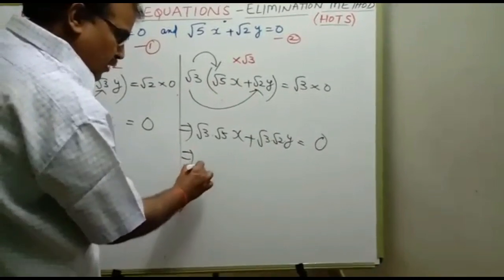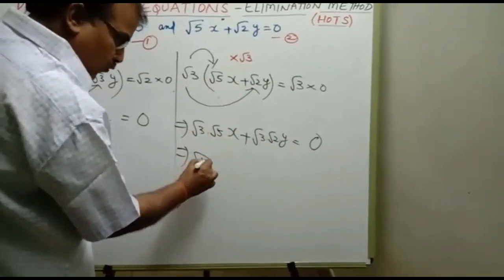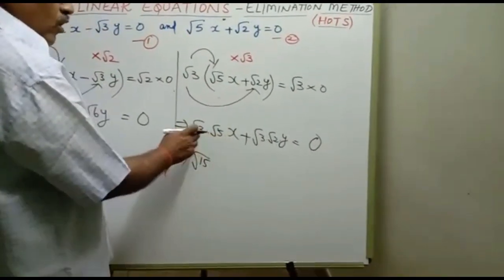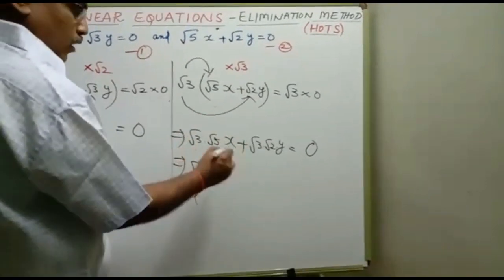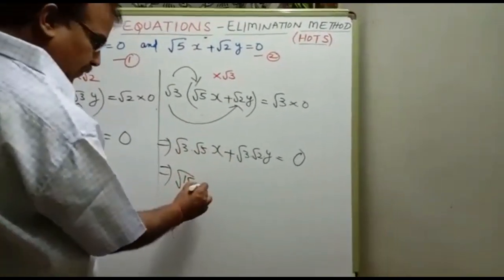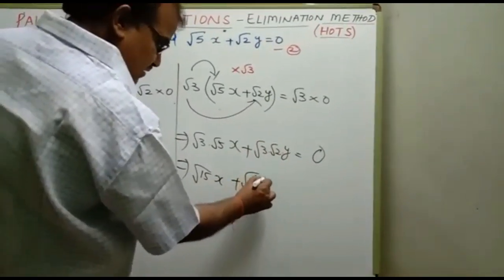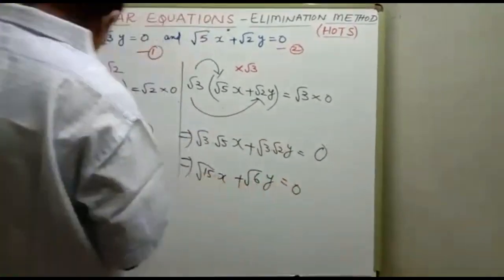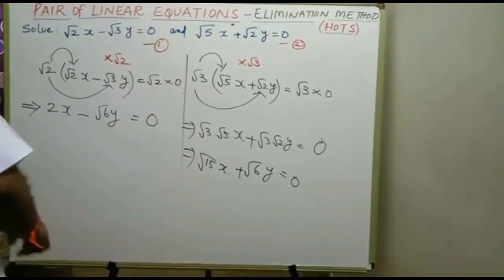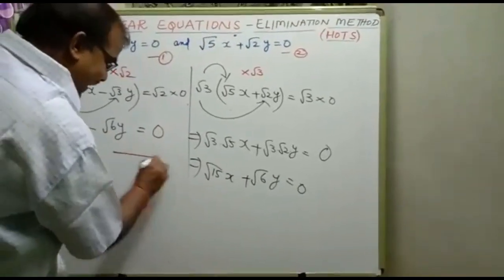So root 3 into root 5 is root 15, because root a into root b is root ab. Root 15x plus, same formula, root 6y is equal to 0. This is equation 3.